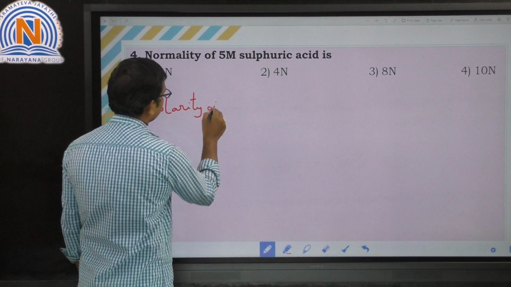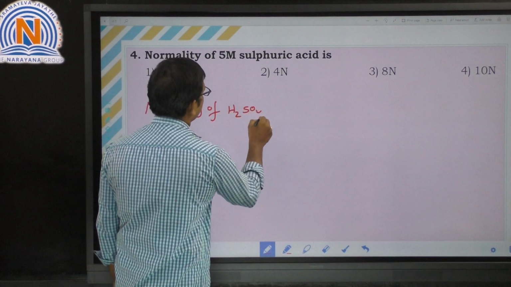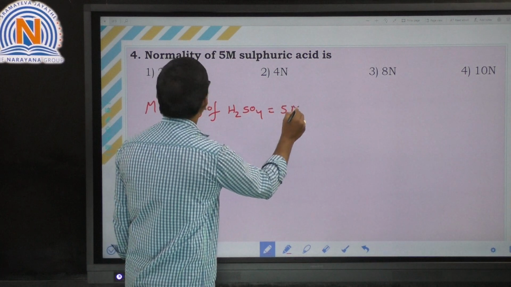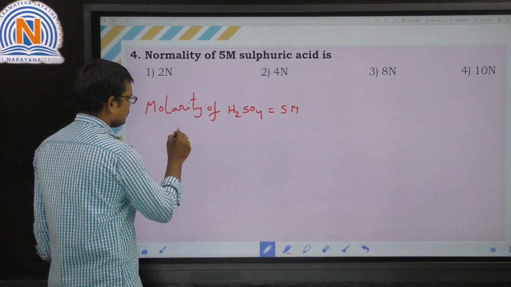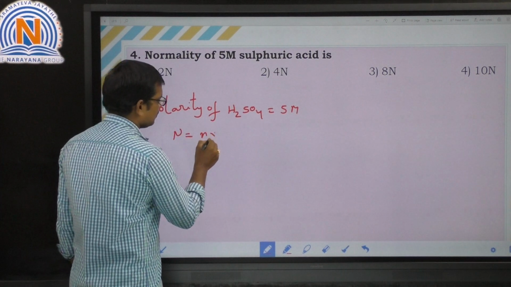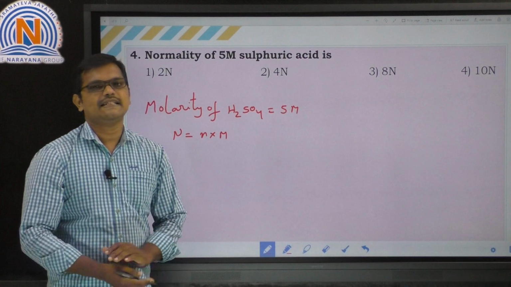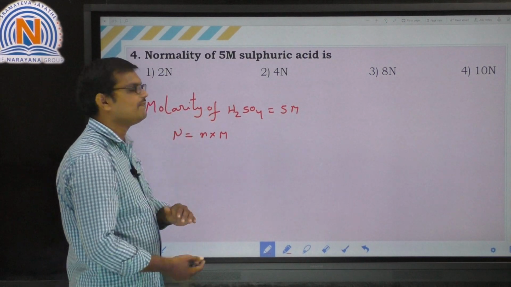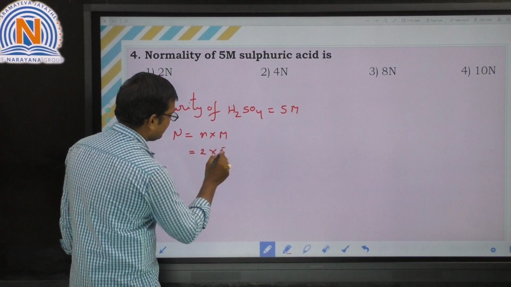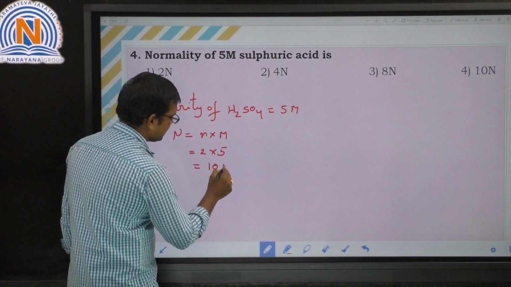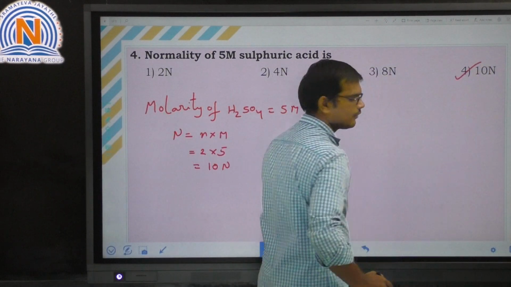Molarity of H2SO4, sulfuric acid, is 5 molar. Then calculate normality. So normality equal to n into molarity, where n indicates basicity for an acid. What is the basicity of H2SO4? 2. So 2 into 5, normality is 10. Option 4.